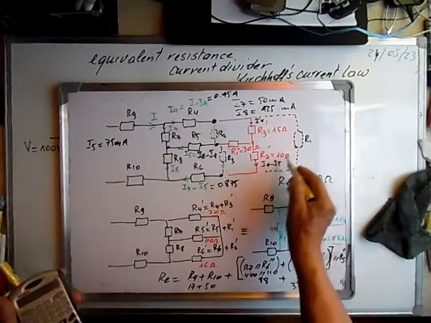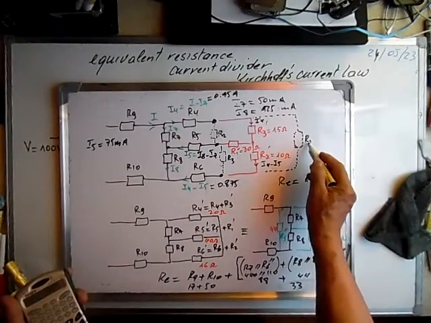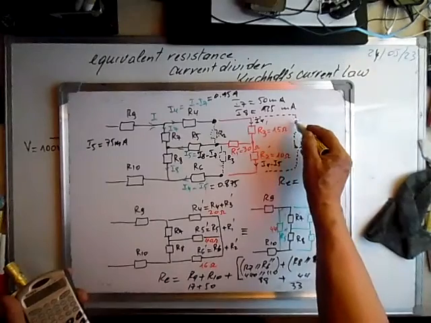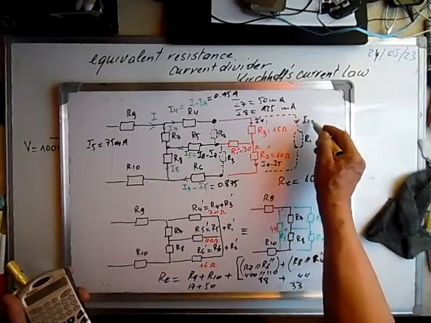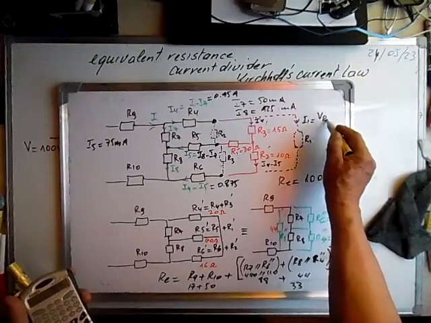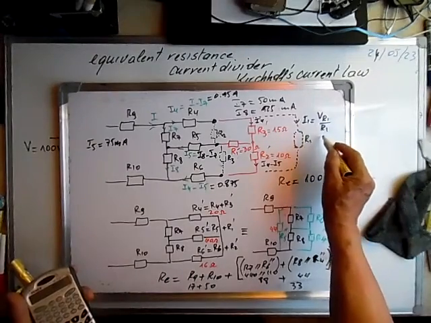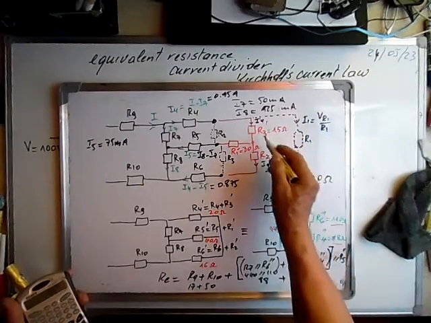and the drop here in these two resistances divided by R1 will give us the current I1, which is VR1 over R1. You can calculate it.